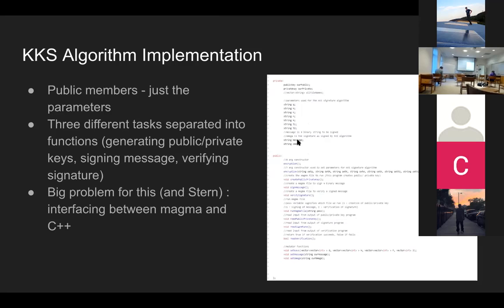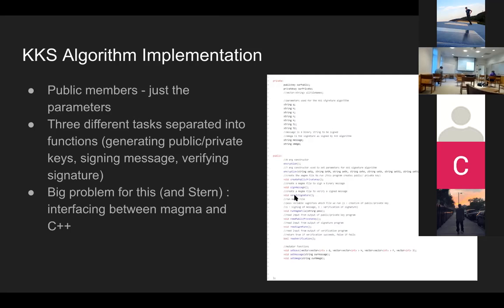And then we also just store the message, and the permutation is also a private member. And the 3 main tasks of digital signatures being, first, generating public and private keys, second, signing the message, and third, verifying the signature.